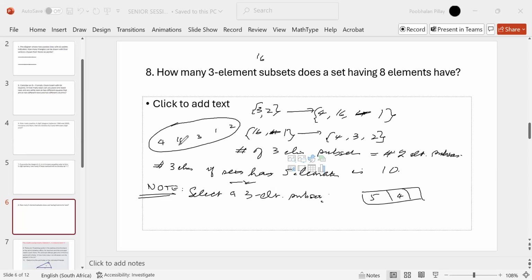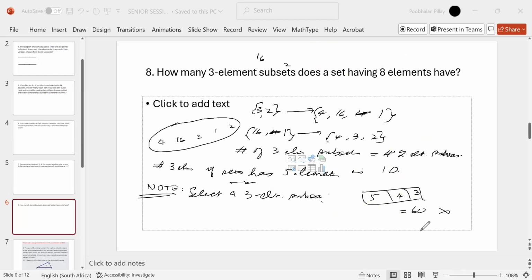Right? I'm not allowed to choose 16. So the second one can be chosen in 4 ways. And likewise, once you choose the first 2, if I choose 16 and 2, for instance, then the third one can be chosen as one of 4, 3, or 1. So that can be chosen in 3 ways.